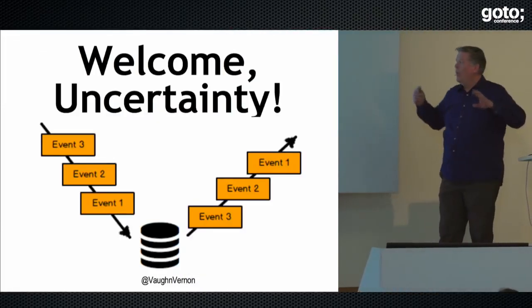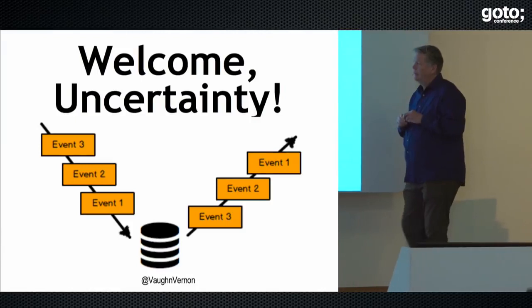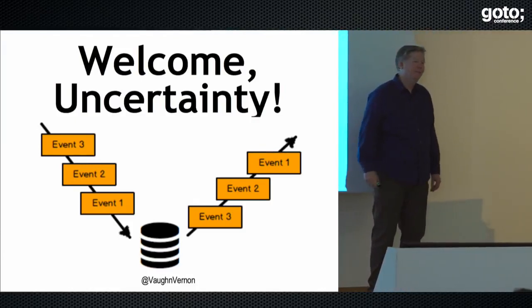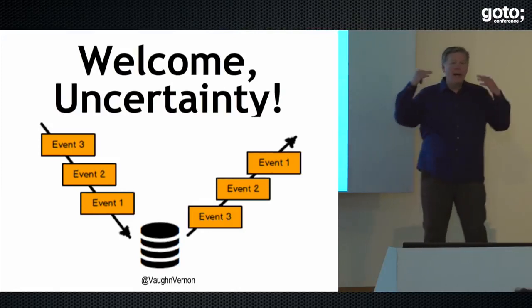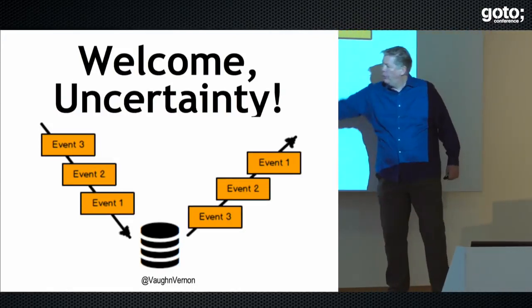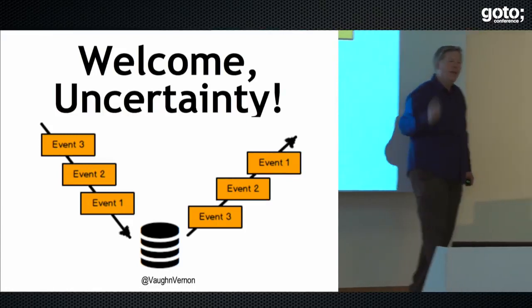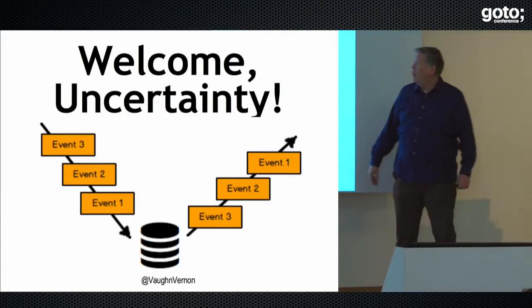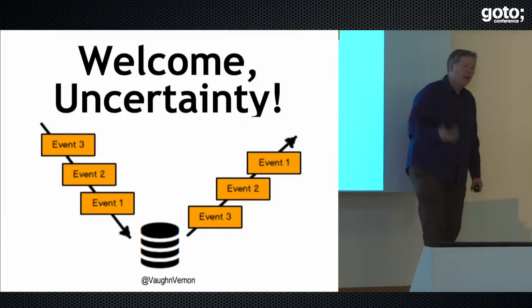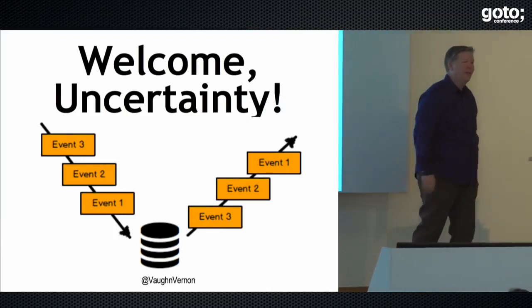So when you face this situation, welcome to uncertainty. This is what our brains want. We want event 1, 2, and 3 to hit a disk in that order, and we want to read those events out in the same order, and we want to react to them exactly in that order. That's just what we want.